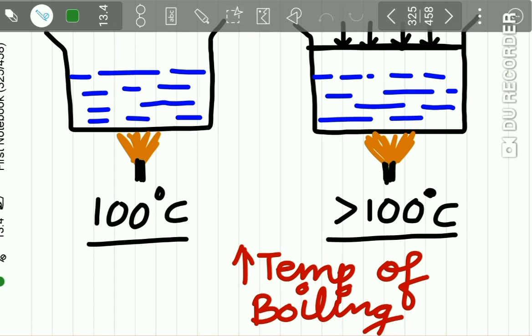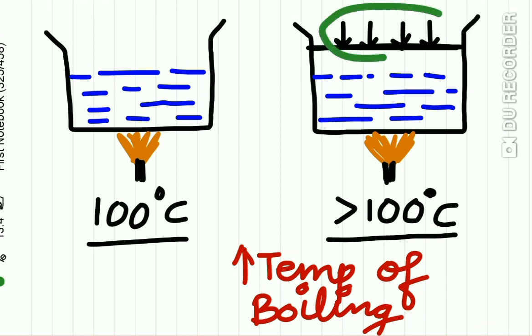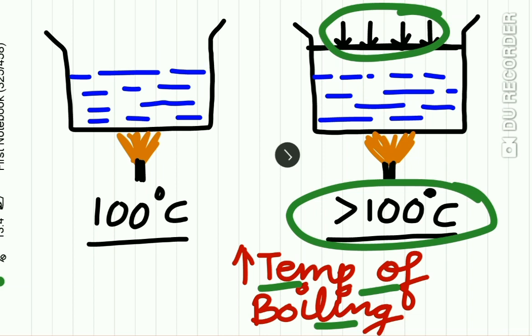So, at normal pressure water boils at 100 degrees Celsius, but when pressure is applied to it, the boiling temperature of this water is not 100 degrees Celsius, but more than 100 degrees Celsius. So, this is the magic of applying pressure.